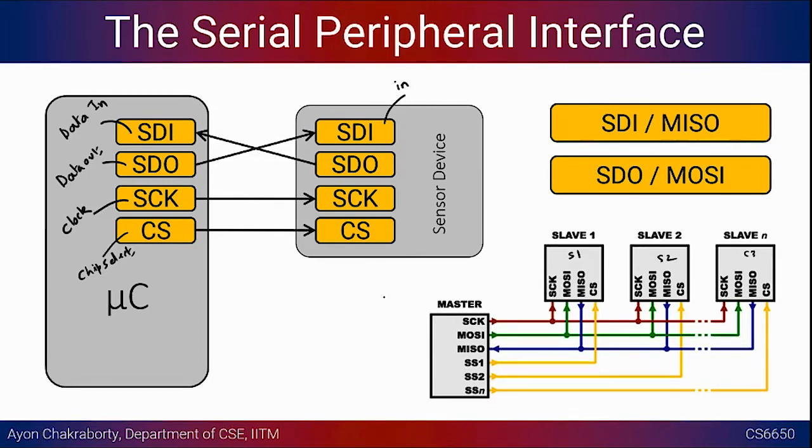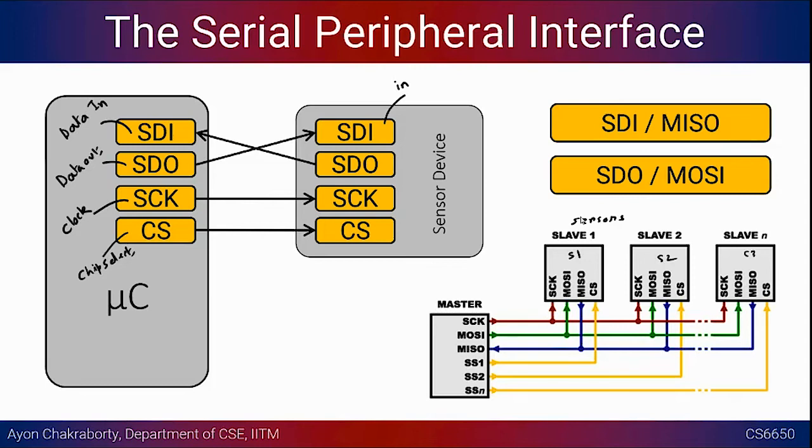For that, the microcontroller can use this particular thing called chip select, based on which it can select a given sensor. This is often a master-slave kind of configuration, where the microcontroller is the master and controls a lot of slave devices, and these are the individual sensors. This is how the most simple configuration works.